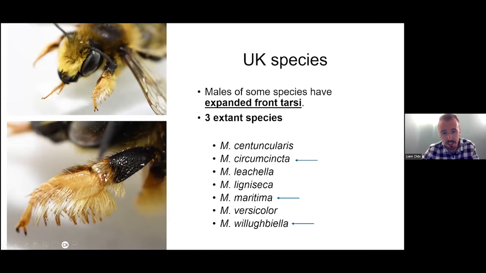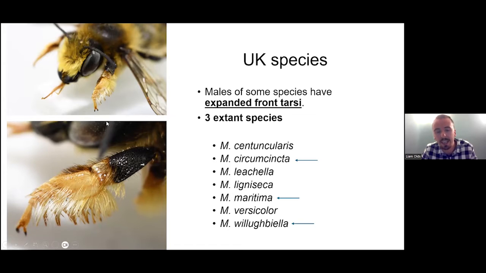Instead of quite narrow little segments of the feet, the segment closest to the tibia, called the basitarsus or basal tarsal segment, is really swollen and white. It's got a fringe of really long hairs, and all of the other little segments are also quite expanded. There are 5 segments in the tarsi of bees, and at least 4 of them, including the basitarsus, are quite swollen, with this really long fringe.